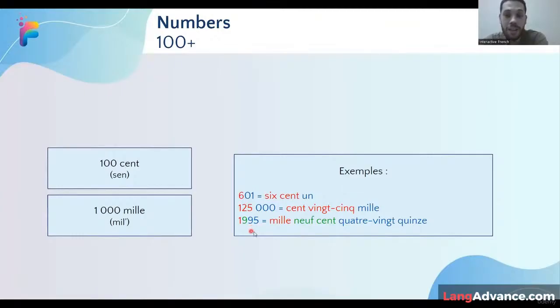So 1995, my birth year, by the way, that would be mille neuf cent quatre-vingt-quinze, all right? So yeah, try by yourself maybe to say out loud your own birth year, whether you were born in this century or the previous one. So that's for 1,000.